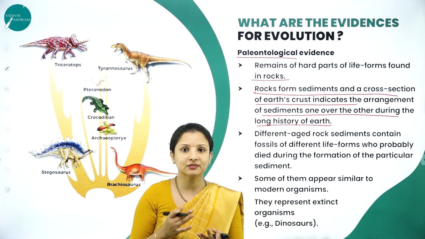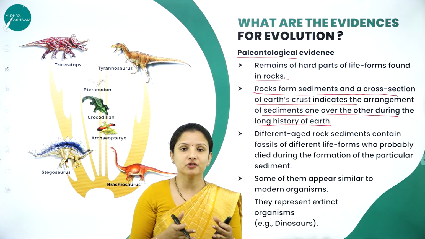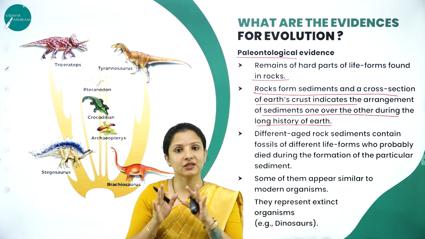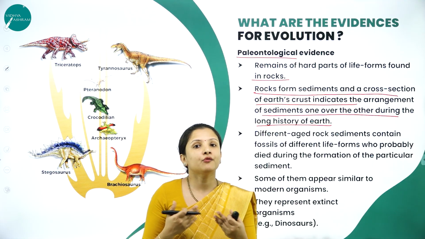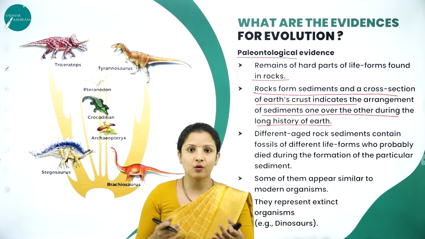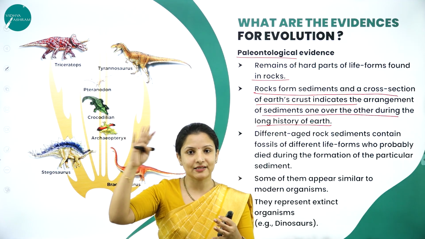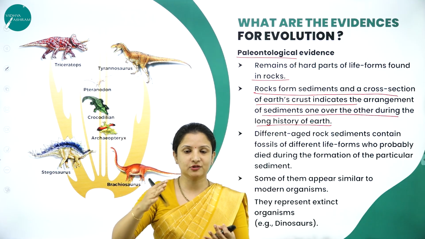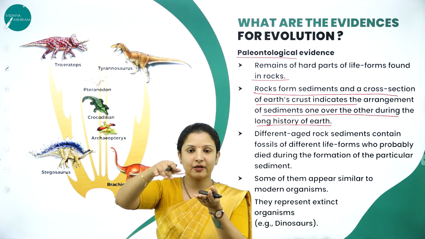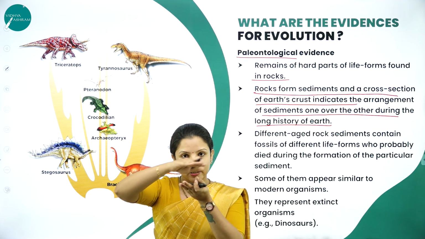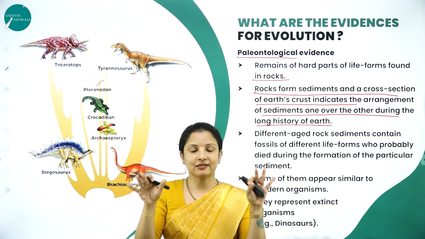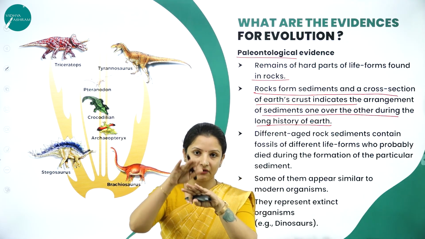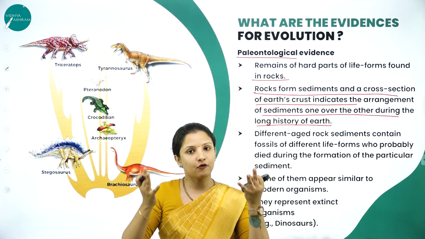What they do is, fossils are nothing but the remains of these dead organisms in between the rocks. And we know how rocks are formed. Rocks are formed because of the sediments that get settled over a period of time. Once one layer of sediment or sand gets settled, on that another layer, and on that another. These sediments that get settled layer by layer every year eventually form a rock.